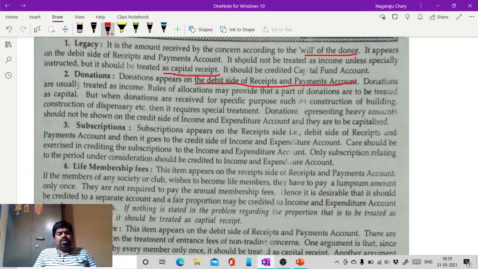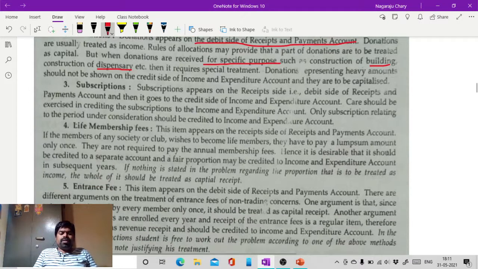When donations are received for a specific purpose, that is treated as a capital item. So whenever we are collecting donations for a specific purpose, for example, construction of a building or construction of a dispensary, those are recorded as capital items, and repetitive in nature is treated as income.